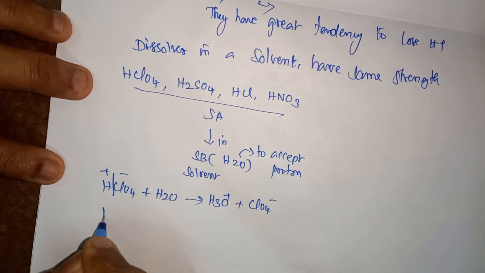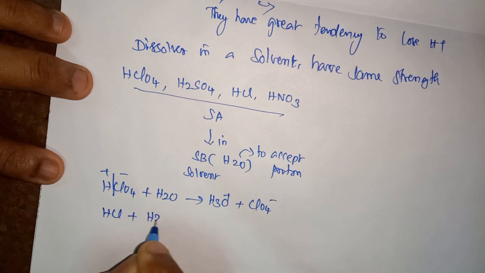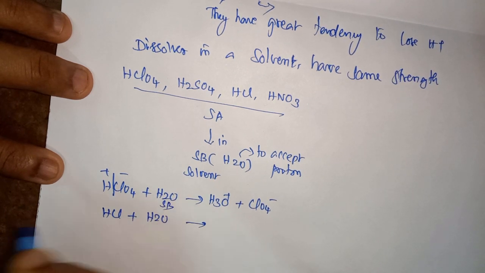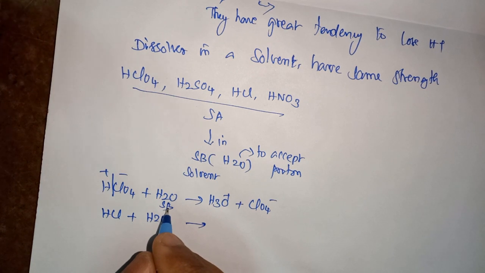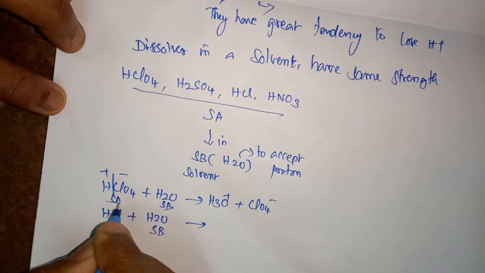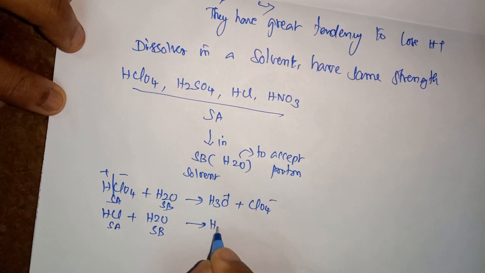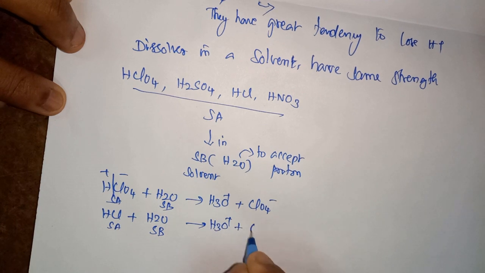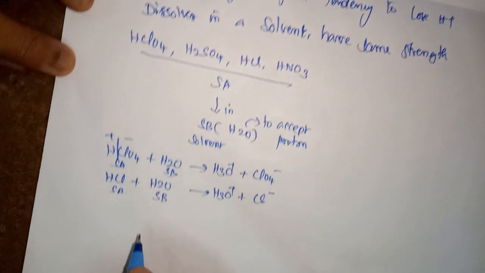Or I take HCl and dissolve it in water. It's a strong base, it has high tendency to accept proton. It is a strong acid. We get H3O plus and the anion part of this acid.